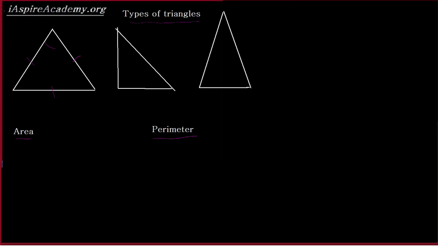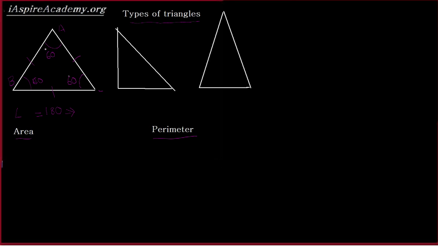The second property, derived from the first one, is that if the three sides are the same, then each of the angles is also the same. And we know from the first video that the sum of the angles of a triangle is 180 degrees. So each of the angles, let's name them A, B, C, is 60 degrees, because 180 divided by 3 is 60.